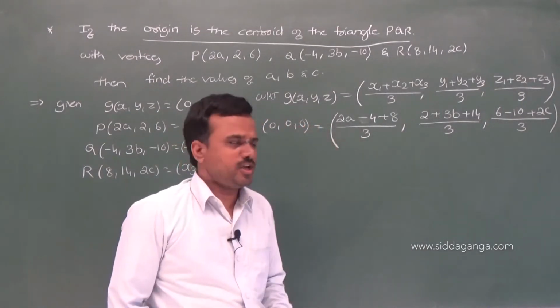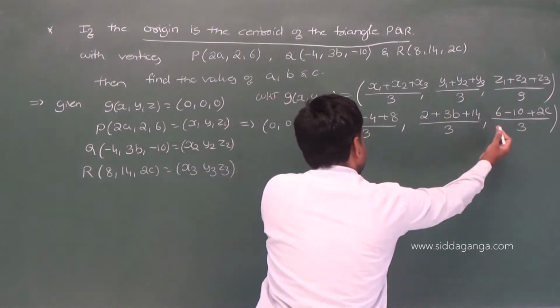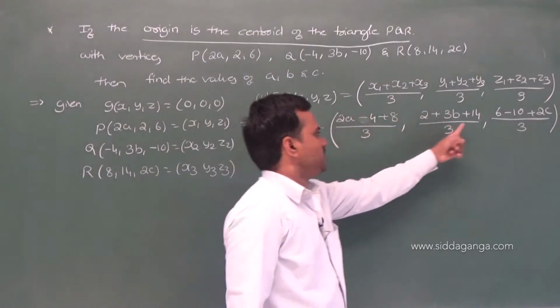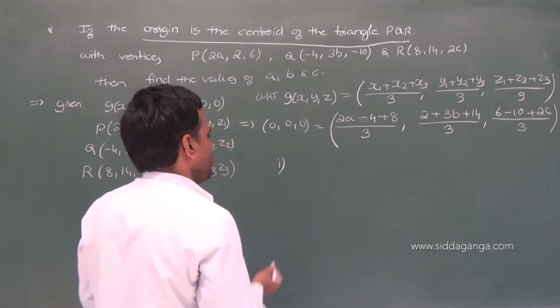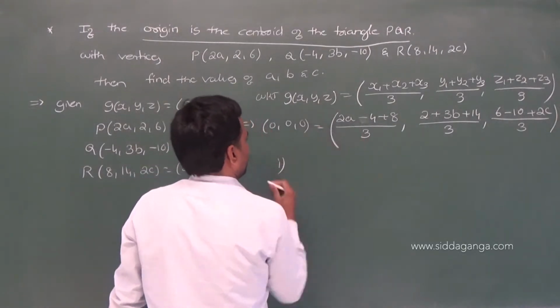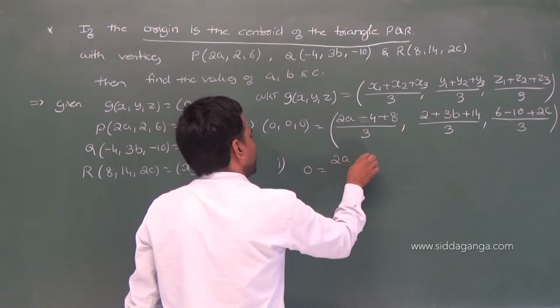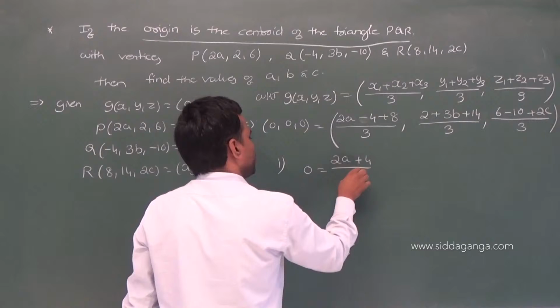Same method. We equate first the x coordinate, y coordinate and z coordinate, to find the values of a, b and c. First we equate x coordinates. 0 is equal to 2a minus 4 plus 8, it becomes plus 4, divided by 3.